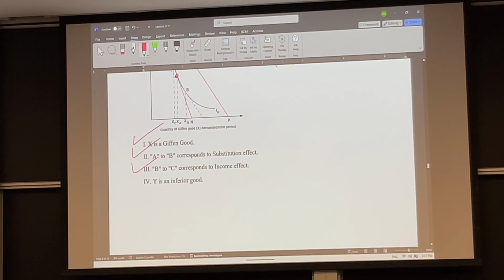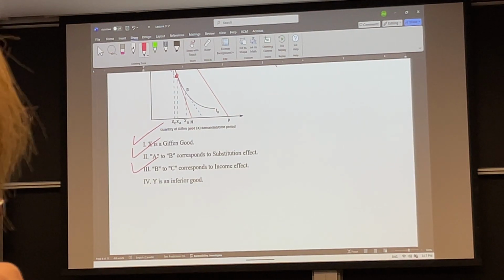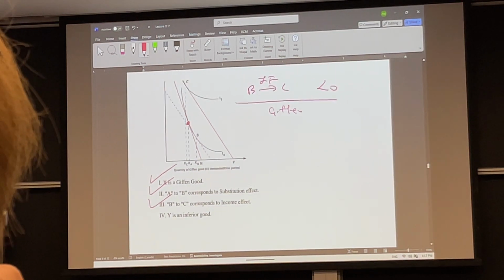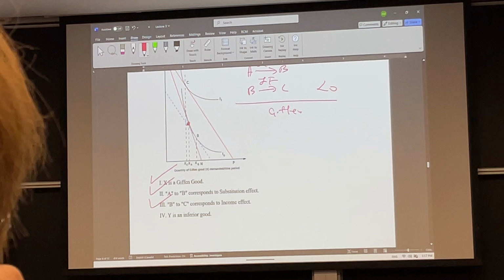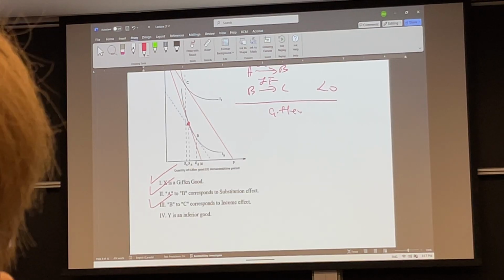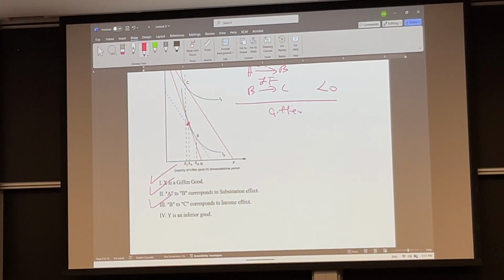I normally use A, B, C, but here we use A, C, D. What about the fourth one? Y is an inferior good, true or false? We already established X is inferior. You cannot have Y inferior too. That's without looking at the graph. If X is inferior, you cannot have Y inferior.